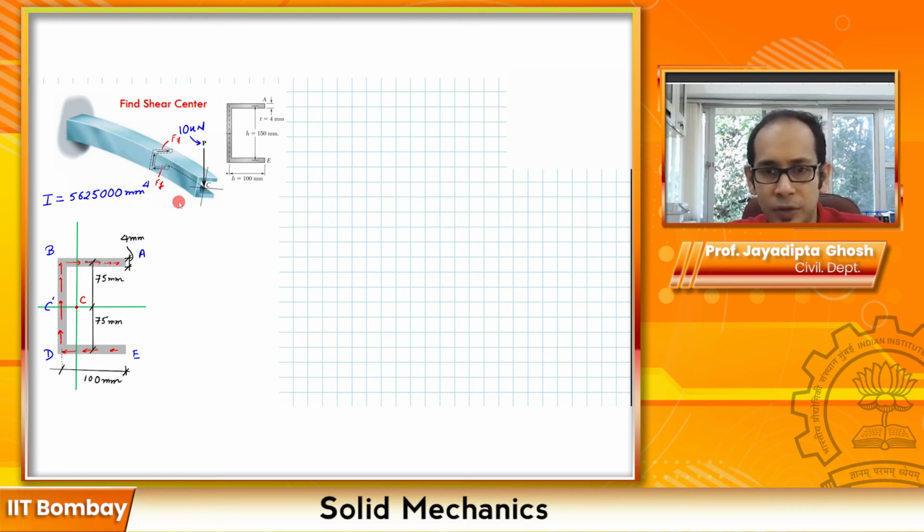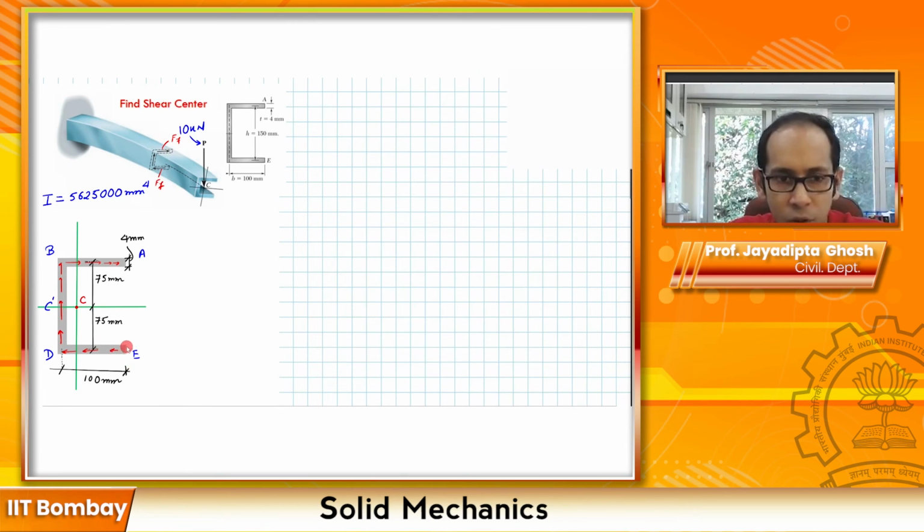So let's first calculate Q, because Q is related to tau. That will give us the shear stress acting there. For this I'm going to take a small chunk. You can either take a chunk here or over here. Usually I like to take a small chunk from where the shear flow is moving away.